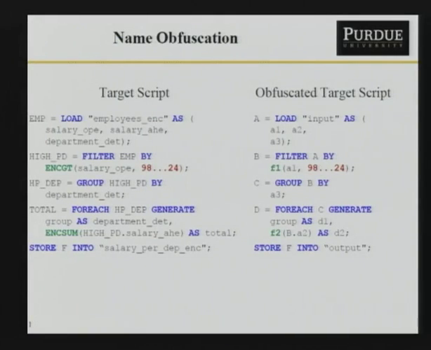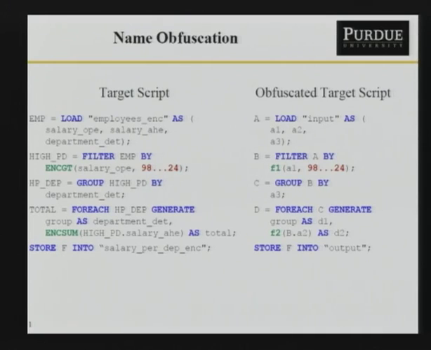So what can we learn from the target script? The data is encrypted, so we cannot read the data, but we know that the data is about employees. That's already important information that shouldn't leak out. We know that the first and second columns of the file refer to the salary of the employee, and the third column refers to the department.